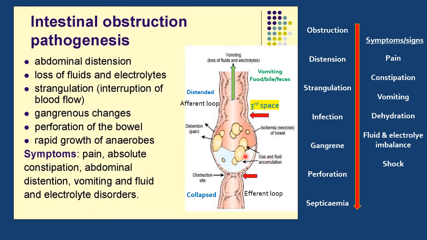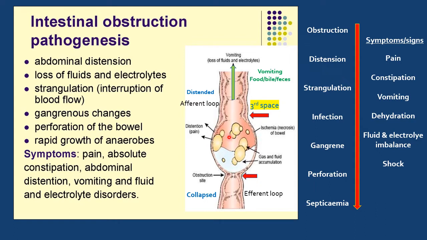Gas and fluid accumulate in this distended afferent loop, and this causes ischemia and possibly even necrosis and gangrene of the bowel. This space is known as the third space, where fluid and electrolytes are lost.